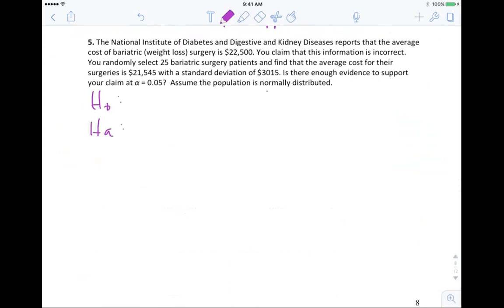This one, the first sentence is that average cost is 22,500. That's a mu. So mu equals 22,500. And the opposite of that is not equal to. So this is a two-tailed test.